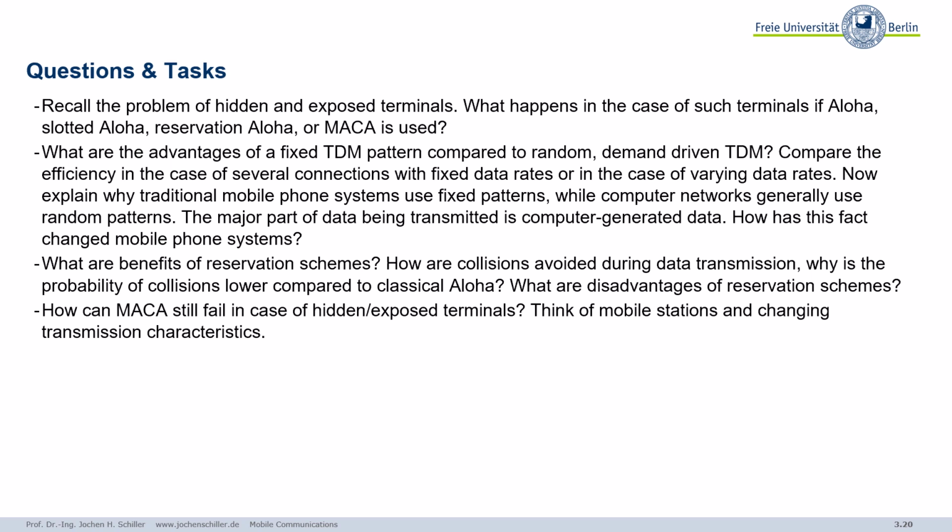Then think of different traffic patterns, different scenarios with fixed data rates or varying data rates. What are the advantages if we use a fixed time multiplexing pattern compared to a random or demand-driven time multiplexing? Compare efficiency.